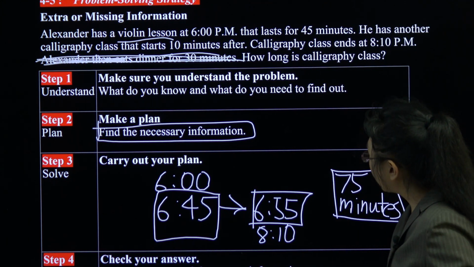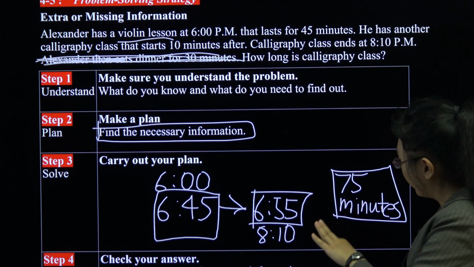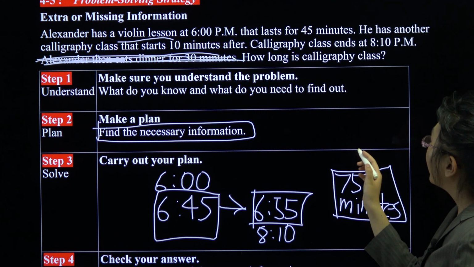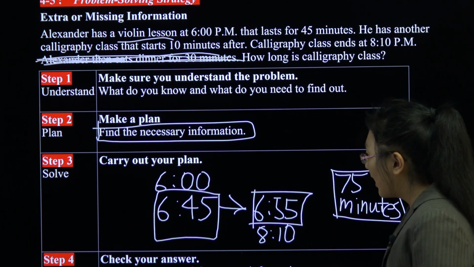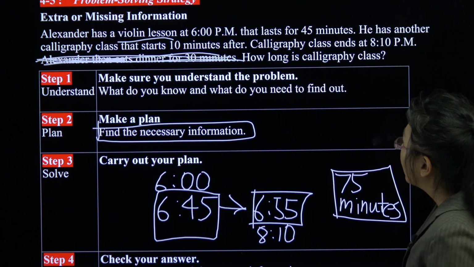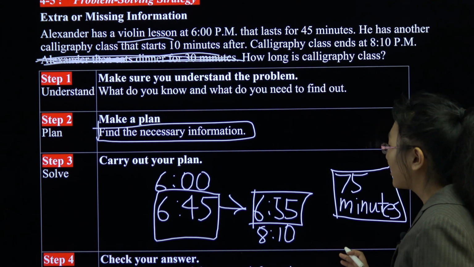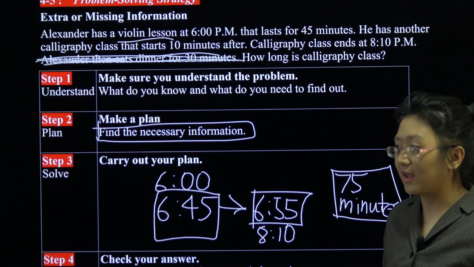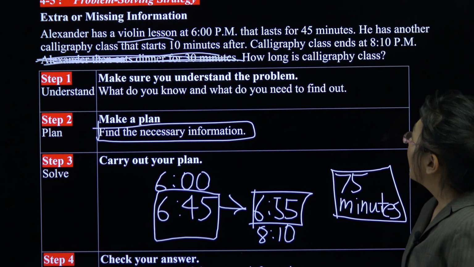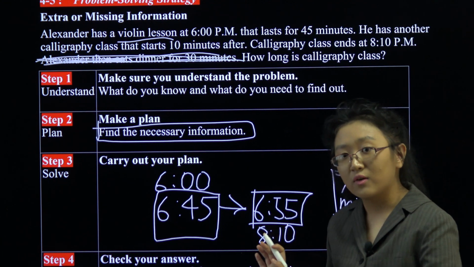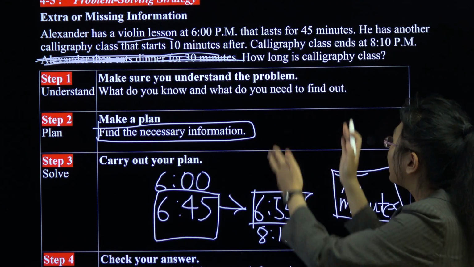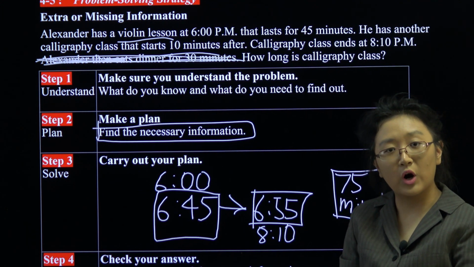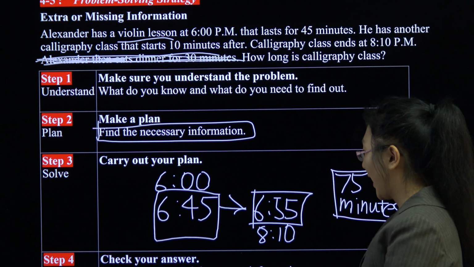If we work backwards, then we get that calligraphy class starts at 6:55, and that violin class ends at 6:45. Violin class lasts for 45 minutes, so then we get that violin class starts at 6 p.m. This matches with the information that we are given. Therefore, we are correct.